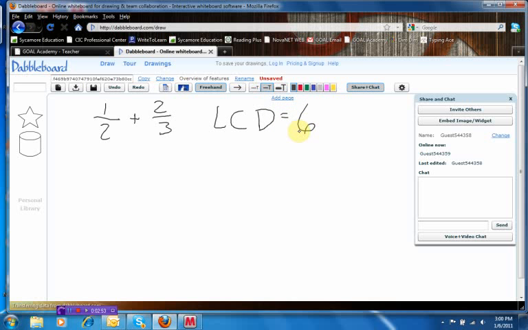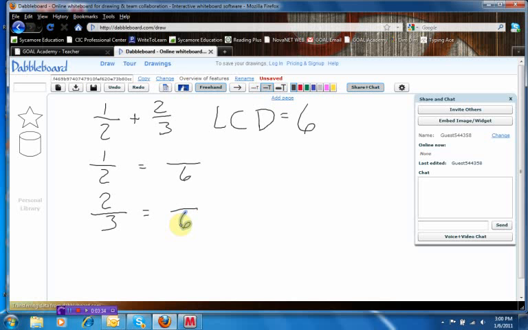And then what I do is you rewrite the fractions, one on top of the other. And what you're going to do is change these two fractions into equal fractions that have a denominator of 6.